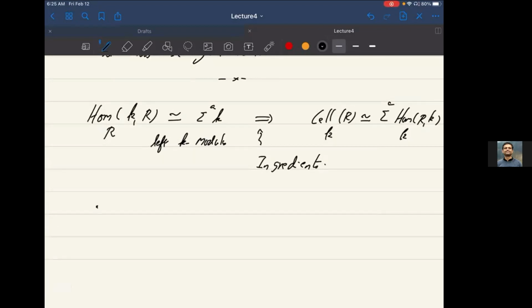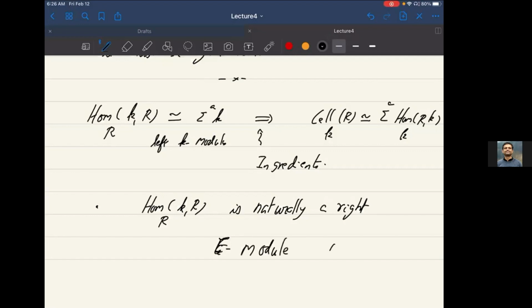This one is actually naturally a right E module, where E is the derived endomorphisms of K. This came up when we talked about Dwyer-Greenlees correspondence.